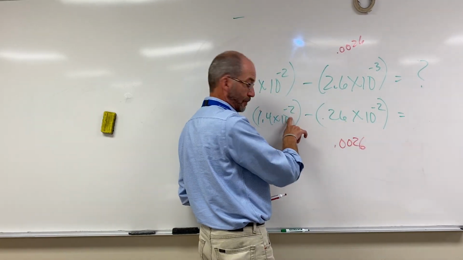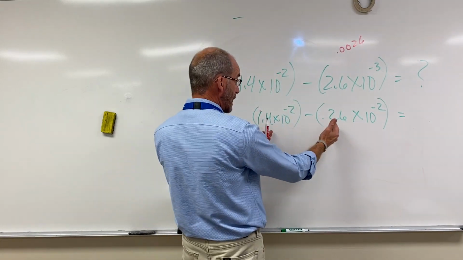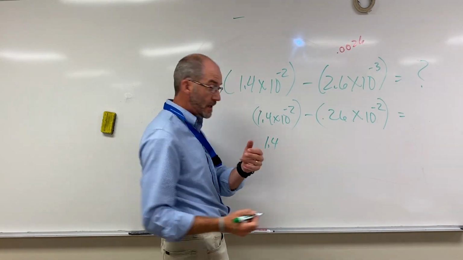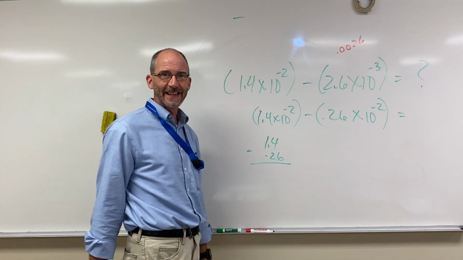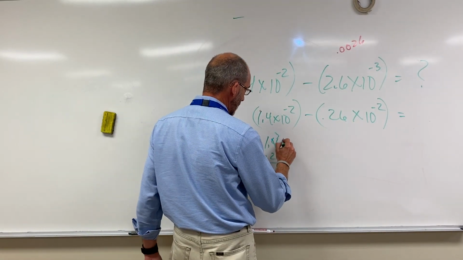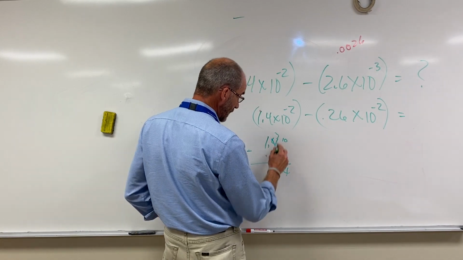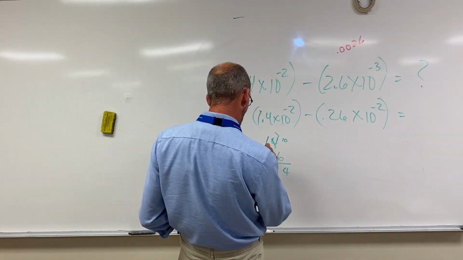Okay? So I still have the same value, but I'm able to change my exponent so that my exponents are the same. Now, if I do the math right here, then I have 1.4 minus 0.26. Well, what do I get? I get a 3, make that a 10, that's a 4. What's 2 from 3? Well, it's 1. And what is 0 from 1?